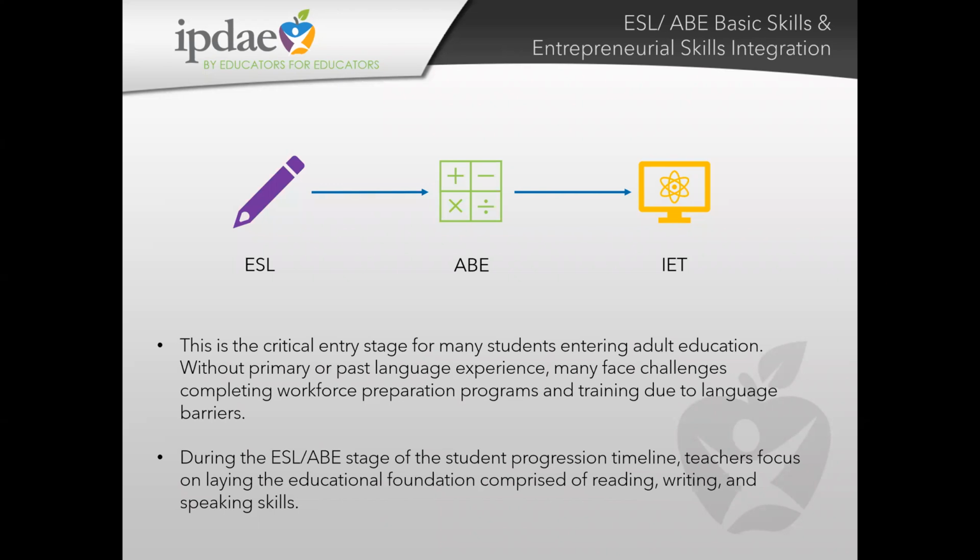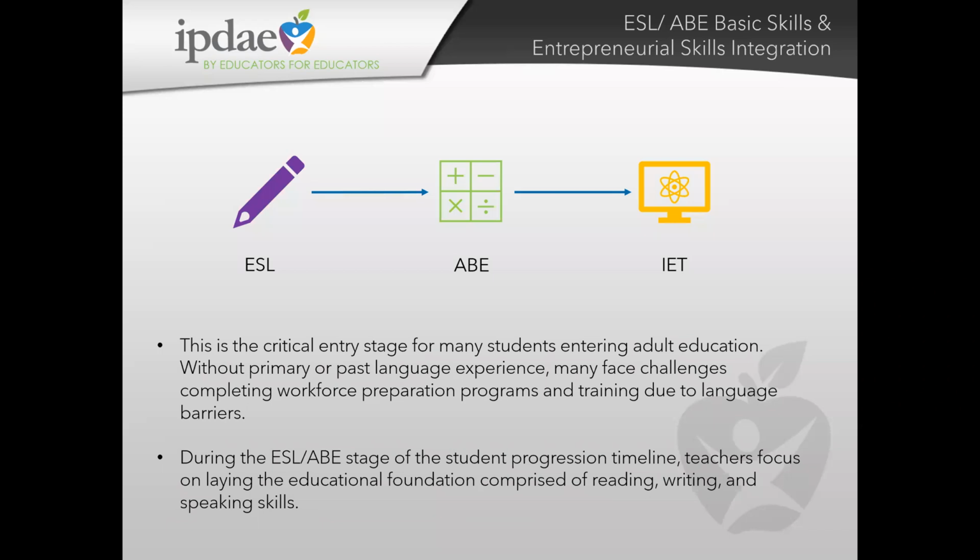During the ESL ABE stage of the student progression timeline, teachers focus on laying the educational foundation comprised of reading, writing, and speaking skills. This stage requires adult educators to facilitate language acquisition, the development of writing skills, and the progression to personal and professional dialogue. These fundamental skills are required at minimum levels to successfully accomplish many employment preparation activities.